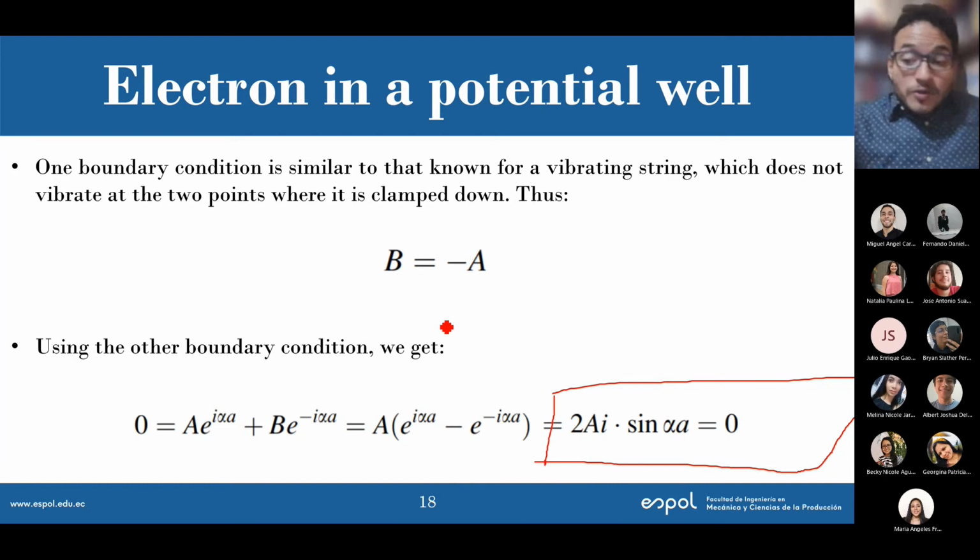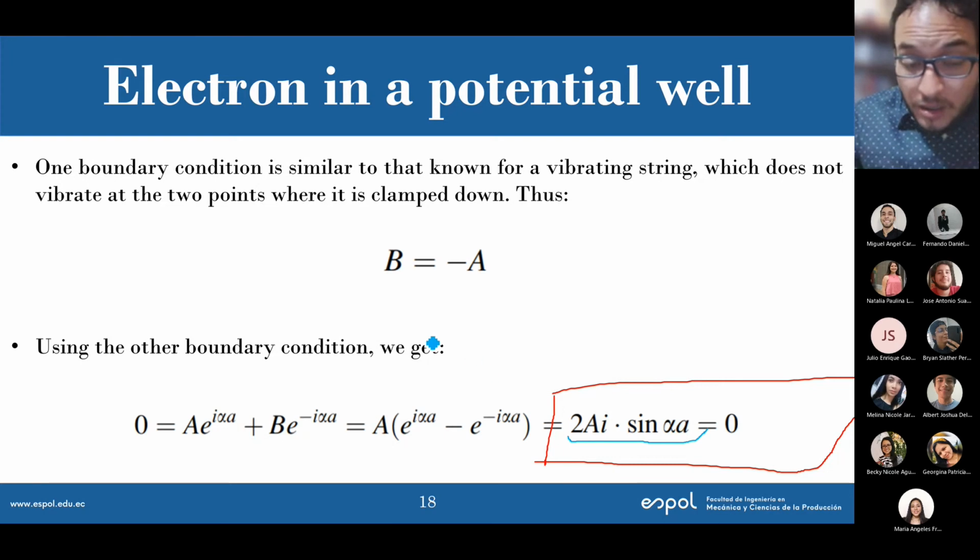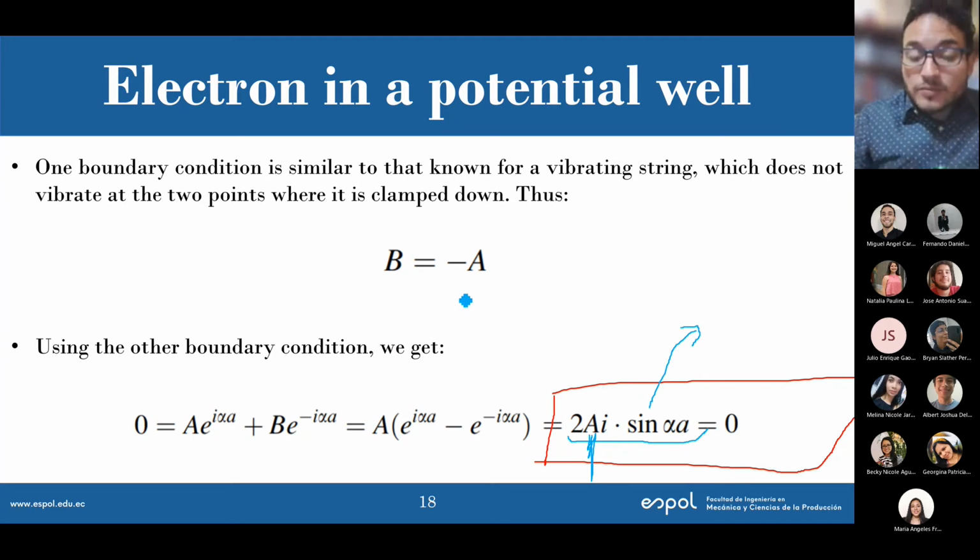Yes, because for this term to be 0: A is a constant, it's not going to be 0. I is the imaginary number, so this term is never going to be 0. This first term is never going to be 0. So I need this term to be 0, right?